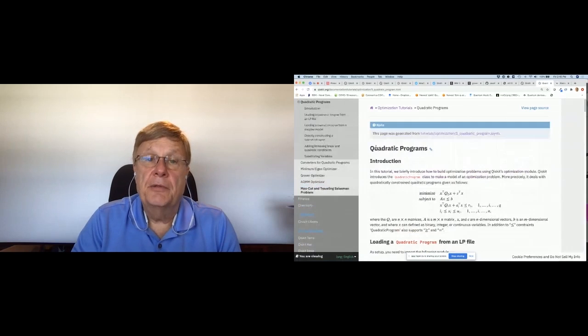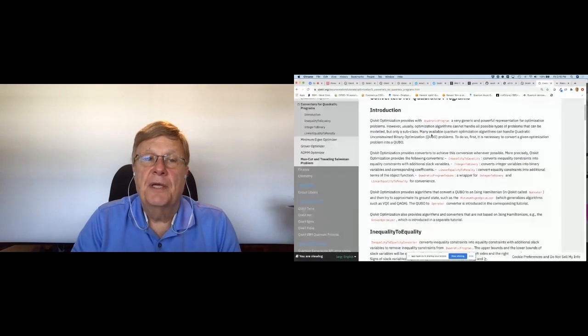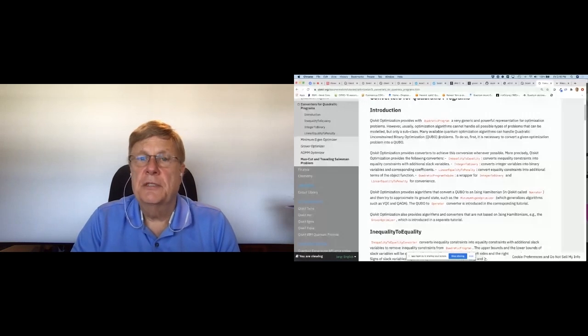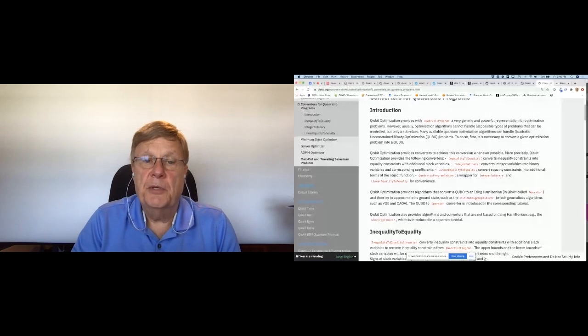In the next tutorial, it talks about how to make what's called a QUBO, a quadratic unconstrained binary optimization problem. Those run very well on quantum computers. It's basically expressing the problem in such a way that it can be represented and solved on a quantum computer.